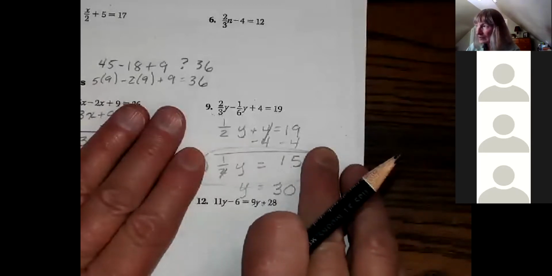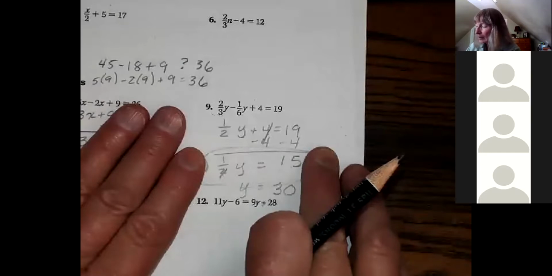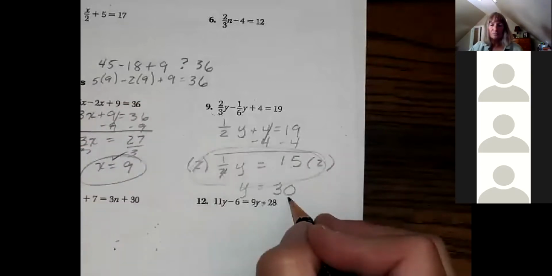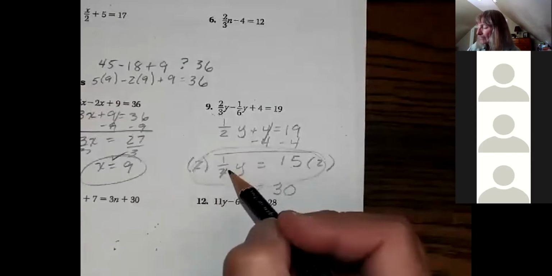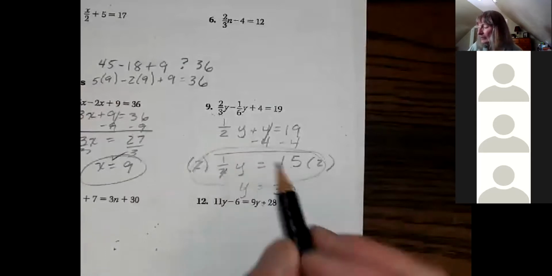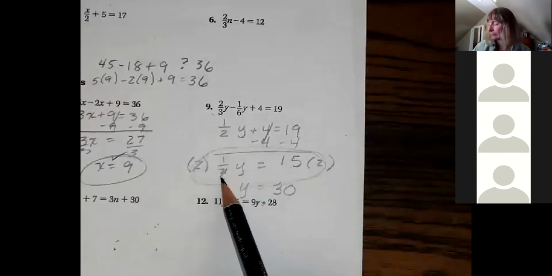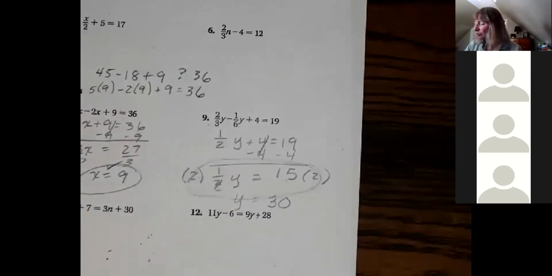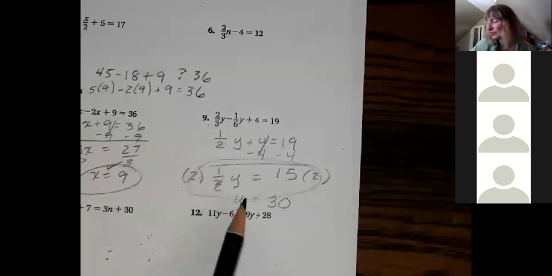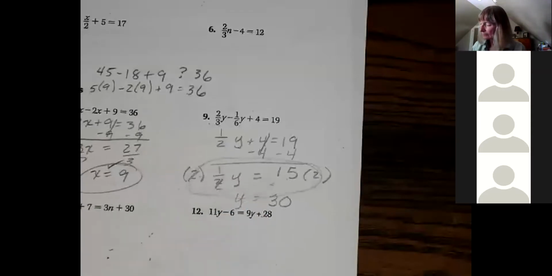Well, if half the number is 15, that number must be 30. It's easy to make sense out of it when we have a fraction like 1/2. It's much more difficult when we have some weird fraction like 13/16. Hard to picture what that means.